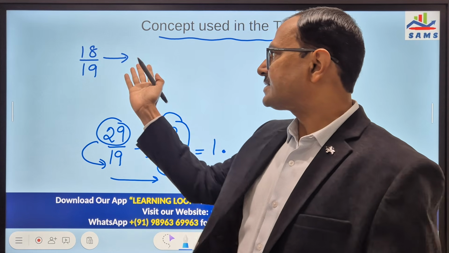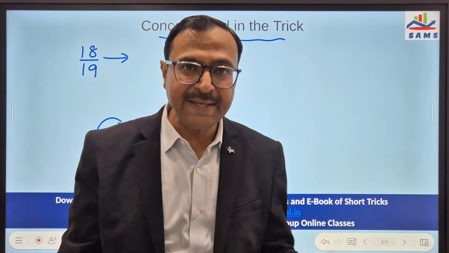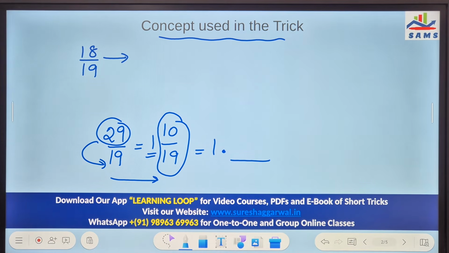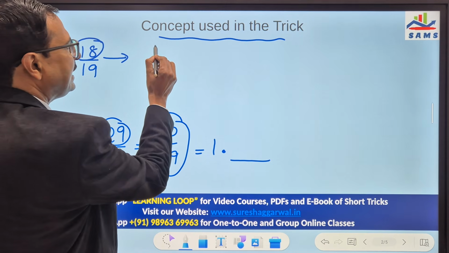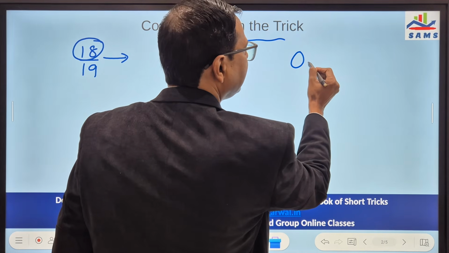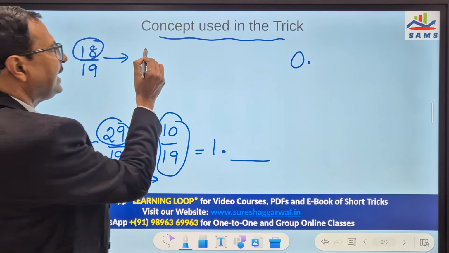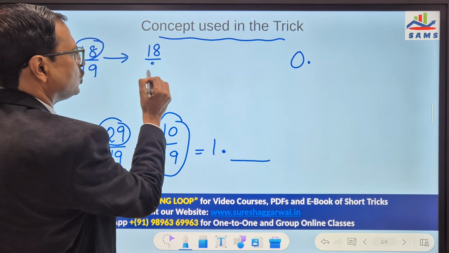I will tell you the steps by taking 18 upon 19, that is dividing 18 by 19. The first thing you have to do is to consider the numerator 18. Your answer is obviously going to be 0 point something, because it is a proper fraction. Now this number 18, first thing you will do is divide this by 2.